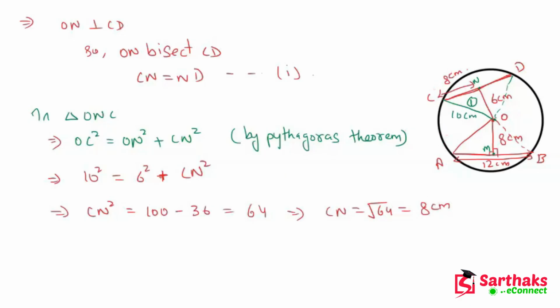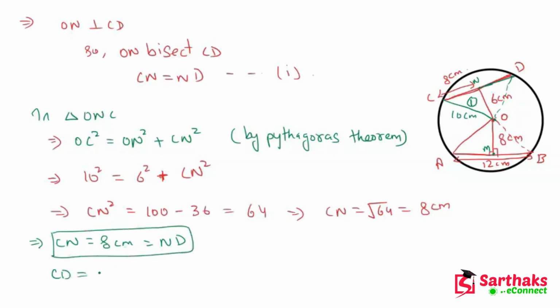Now if CN is 8 centimeter, then ND, this line, is also 8 centimeter. And we have to find CD. So CD is CN plus ND, which is 8 plus 8. So my dear friends, we can say that CD will become 16 centimeter.